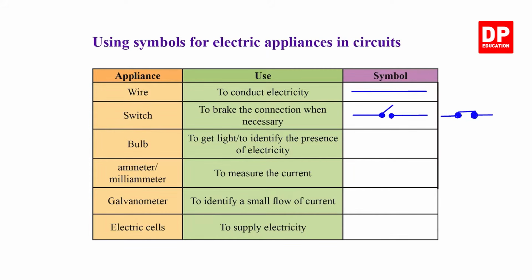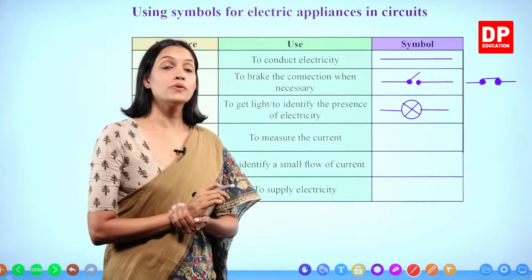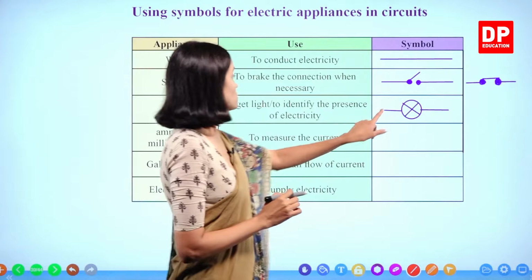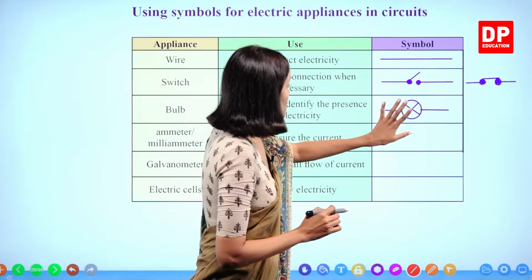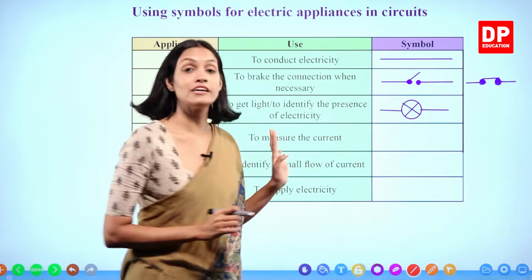You have to draw a circle like this first. Then you have to put a cross inside the circle like this. So a bulb with a cross like this and two lines.